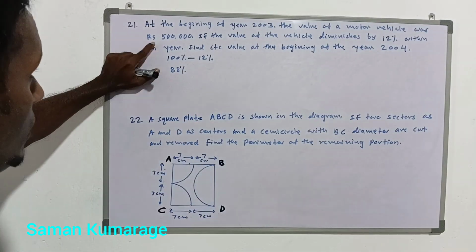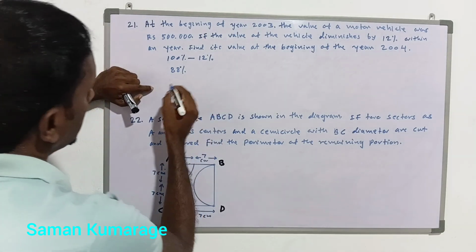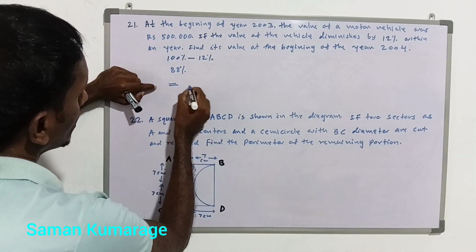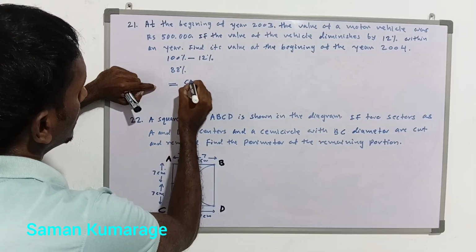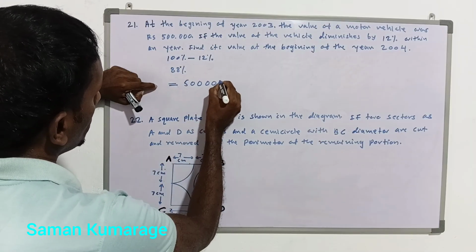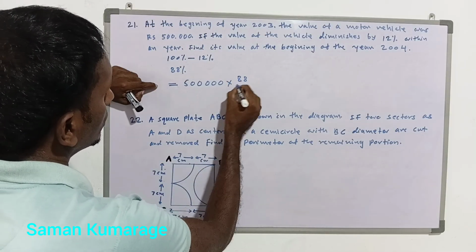What is the initial value? Initial value is 500,000 rupees. So we can get the answer: 500,000 multiplied by 88 over 100.